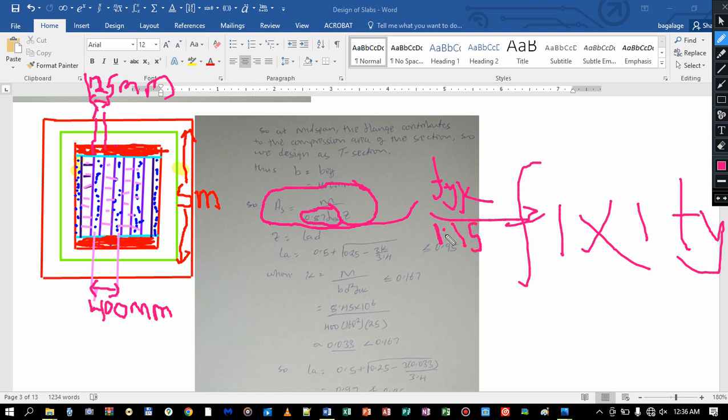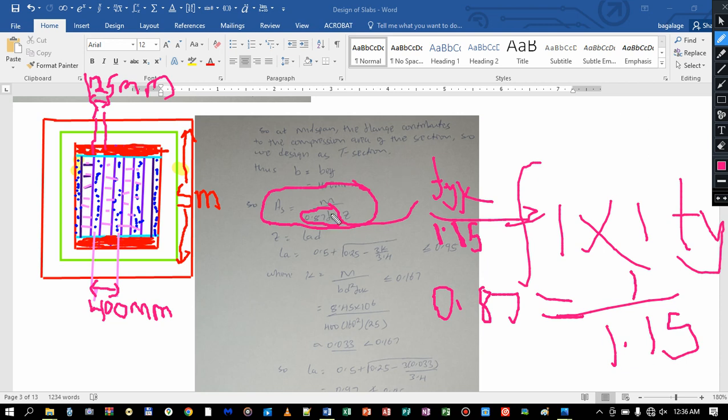The factor of safety for steel is 1.15, so 0.87 is also the same as 1 over 1.15, such that this is our design yield strength of the steel.